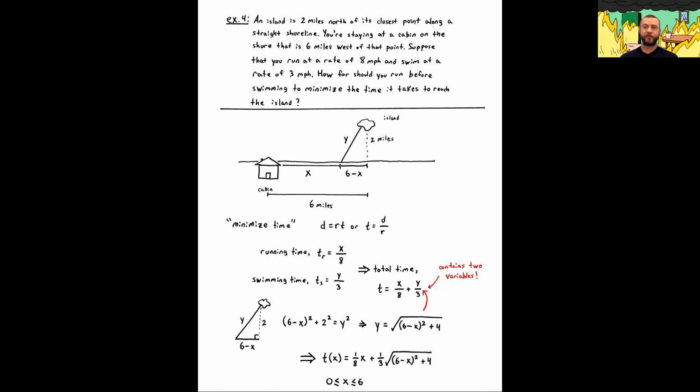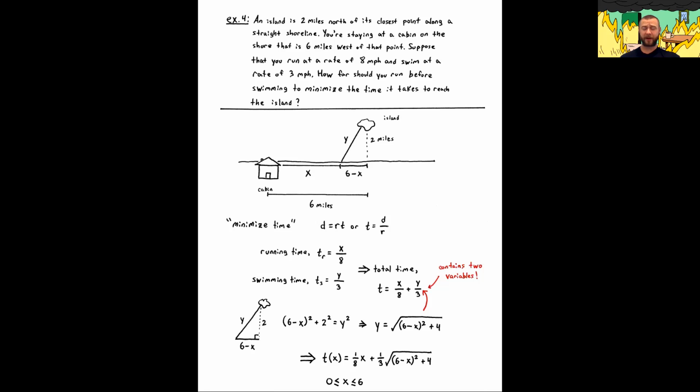The other thing I want to mention is we have an interval of relevant x values to find the length that we have to run down the shore that minimizes the total time. We wouldn't want to run more than 6 miles. That would require us to run past basically the point on the shore that's 2 miles off the coast.